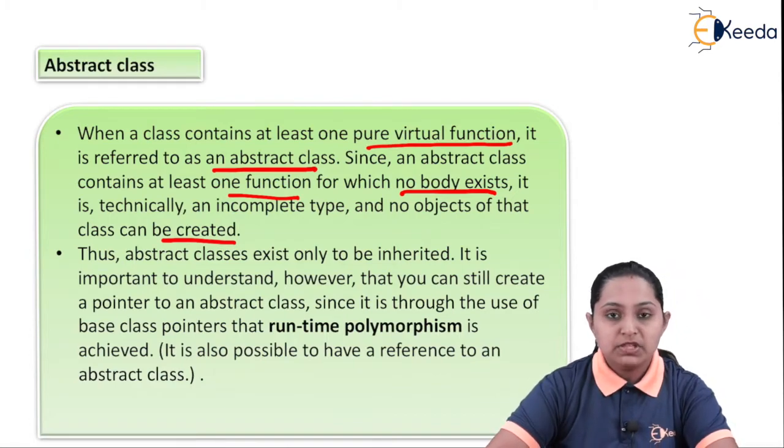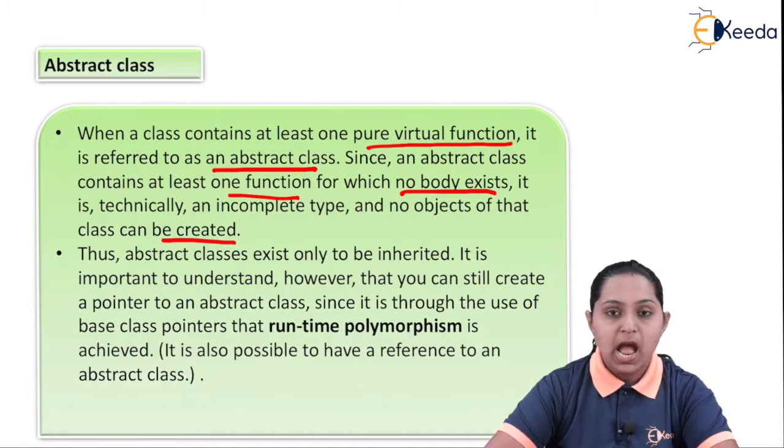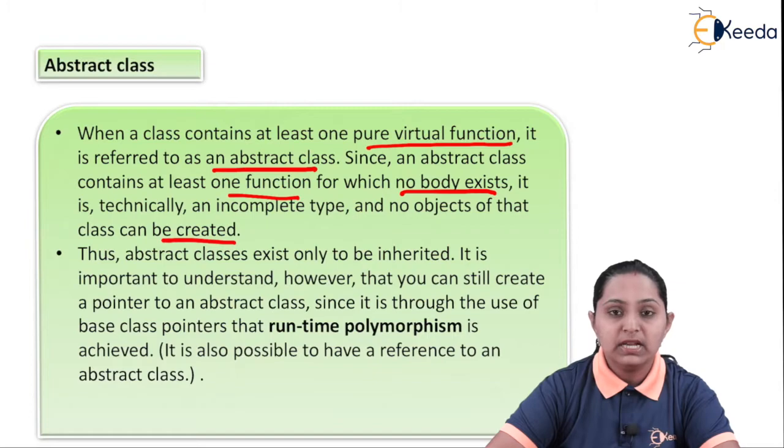That means whichever class has an incomplete or pure virtual function, we cannot create an object of that base class because the definition of one of the functions is not present in the class. That's why we can say the abstract class cannot be instantiated.